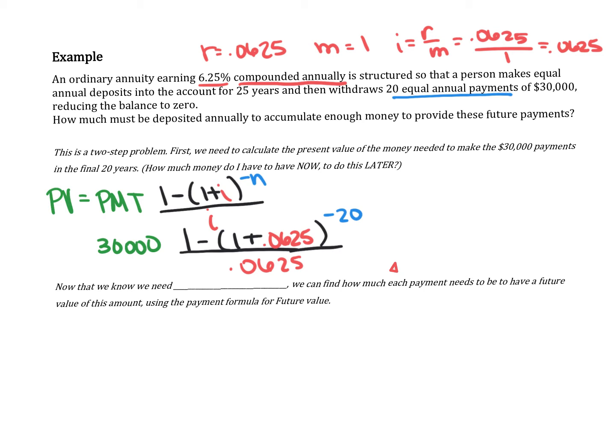And in my account, in order to make those withdrawals, I'm going to need to start with, or at least have, $337,221.62.